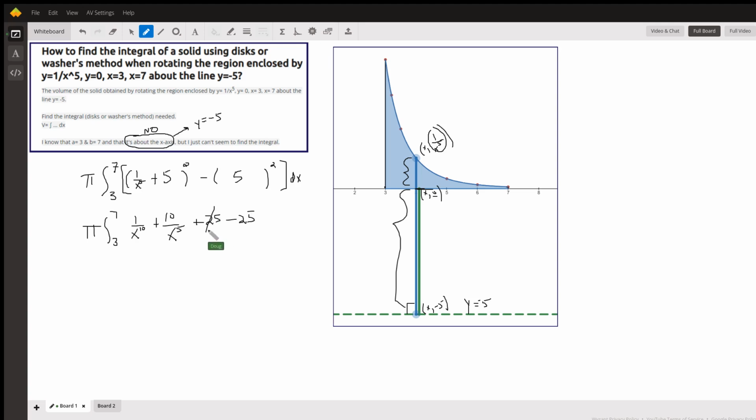So those two constants are going to cancel out. So here's what we're taking the antiderivative for. And that's the setup of the integral right there. We need to find an antiderivative for x to the -10th plus 10x to the -5. Evaluate that from 3 to 7 and then multiply by pi.